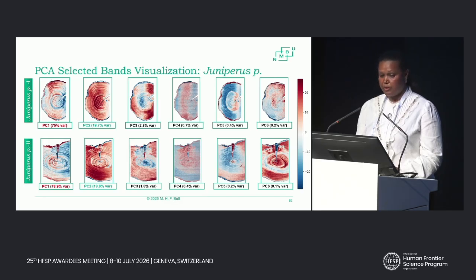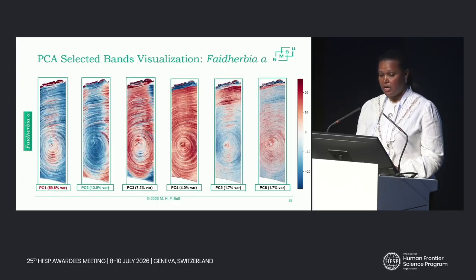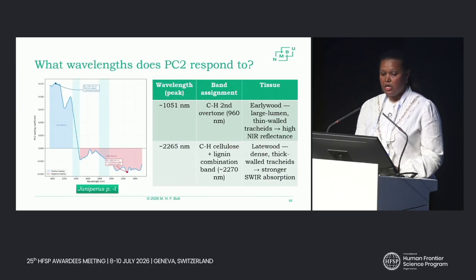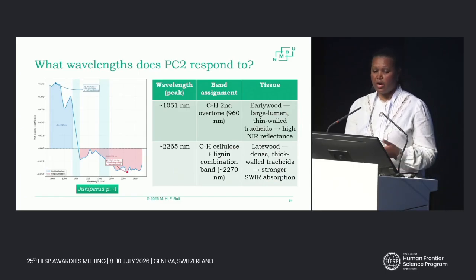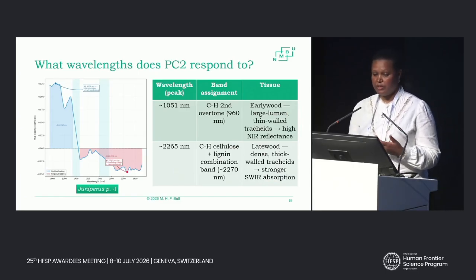This is for Juniperus from two different places, and this is the PCA for Faidherbia albida. So we tried to see how PC2 responds to the different wavelengths.